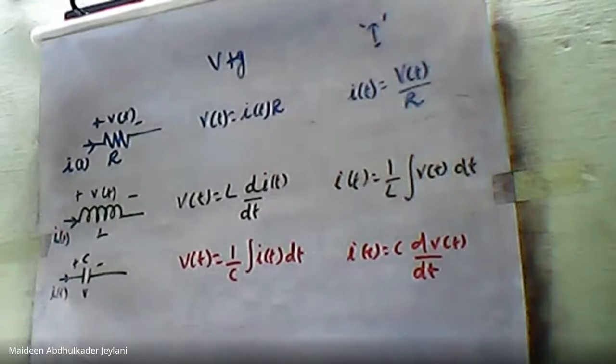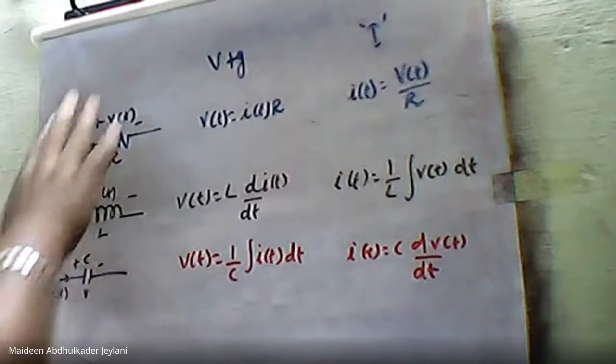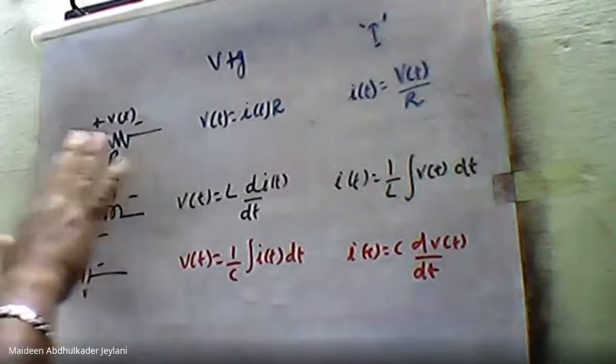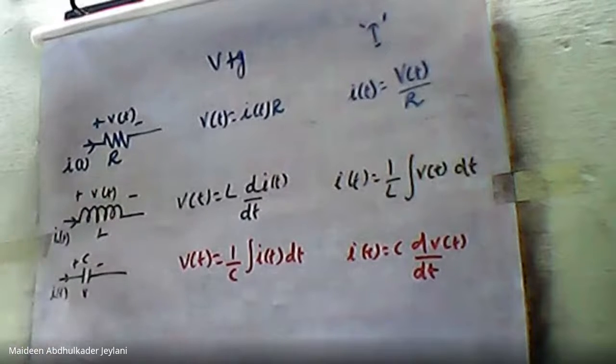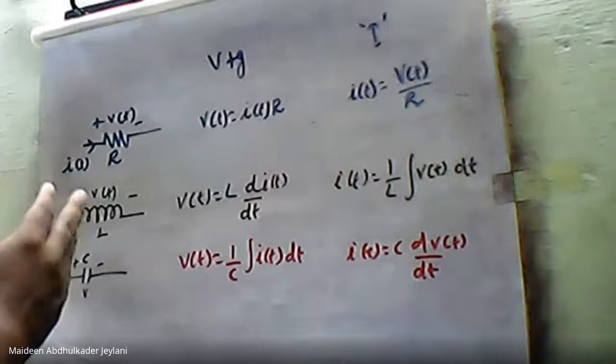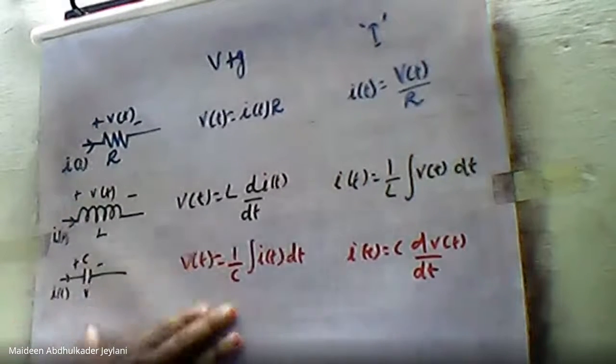In any electrical system, we can find the voltage or current through an element by these equations, by applying KCL and KVL. The models of an electrical system we can obtain using these three elements: resistor, capacitor, and inductor. Clear? The current through and voltage across the resistor, inductor, and capacitor, we have seen.